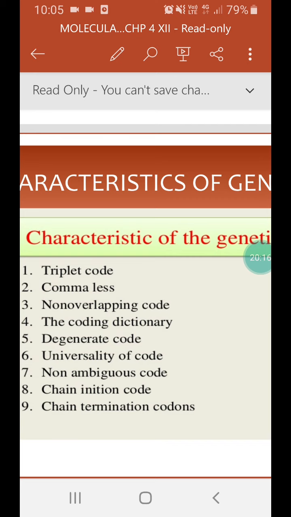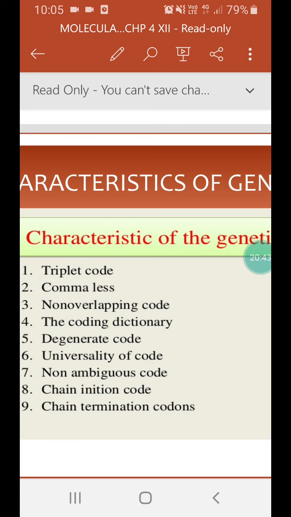Therefore the genetic code is universal. It is similar in all organisms, from simple bacteria to complex organisms. But some exceptions are there, like in mitochondria of yeast and mycoplasma.